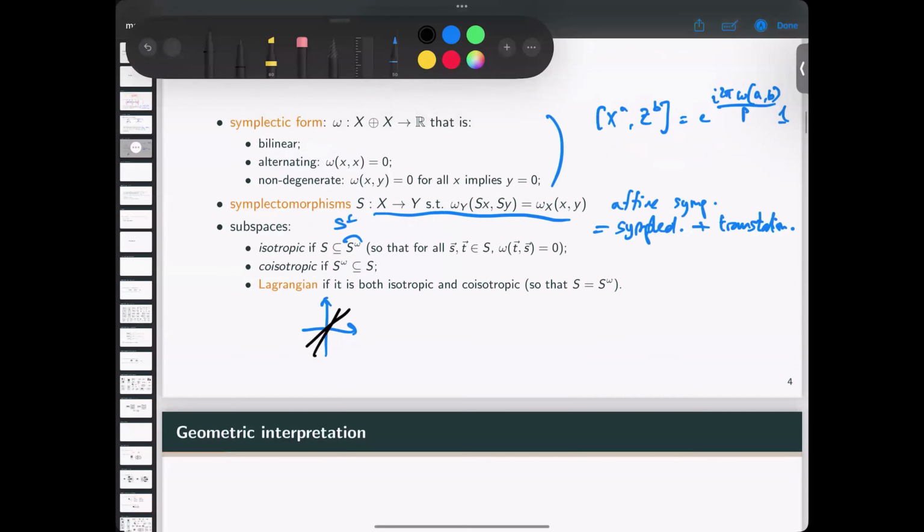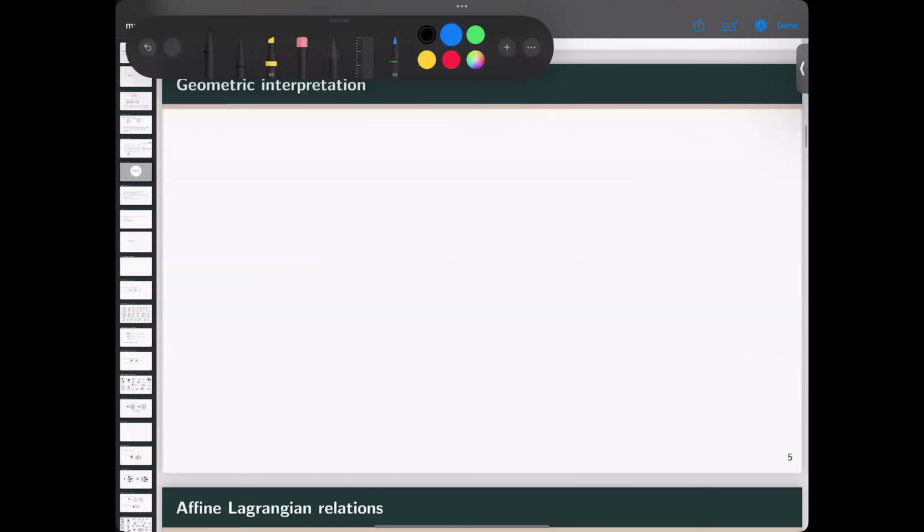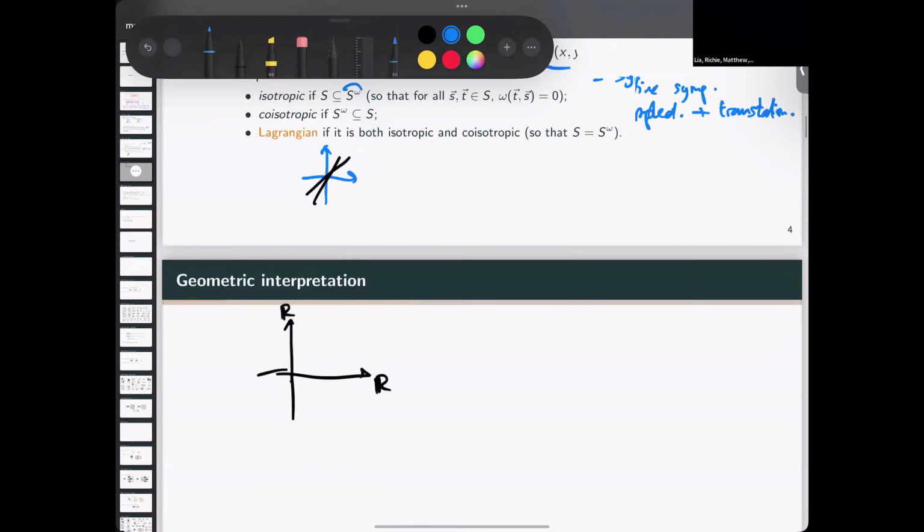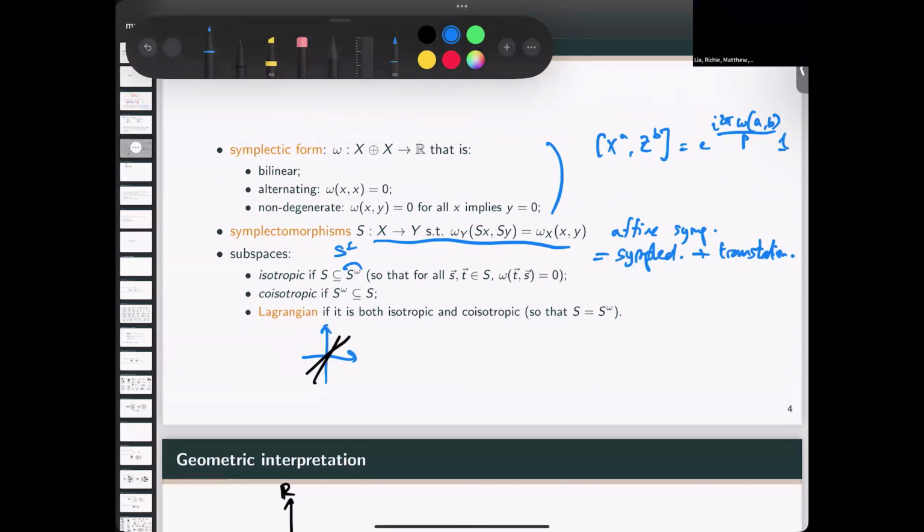There's a nice geometric interpretation of symplectomorphism. So the point is that if I once again look at the plane, so let's say I'm looking at R2. Robert? Yes. Could I ask something about the last slide? Something that you read there. Yes. This commutation relation, did you mean actually just XA ZB equals that expression ZBXA?